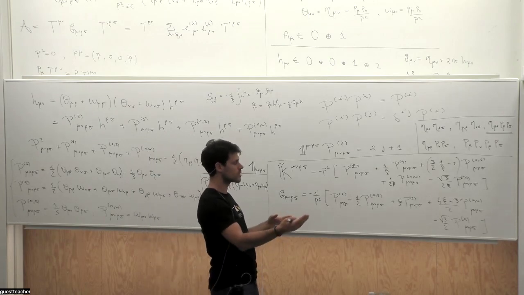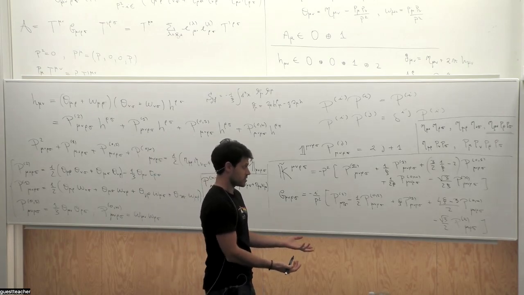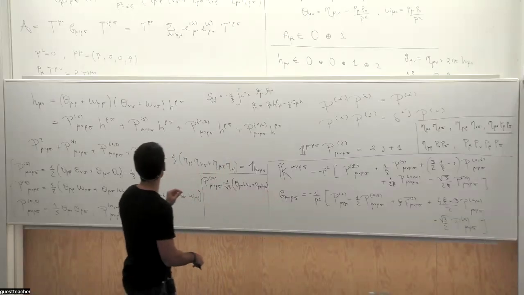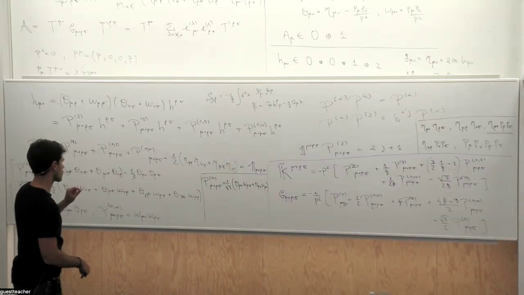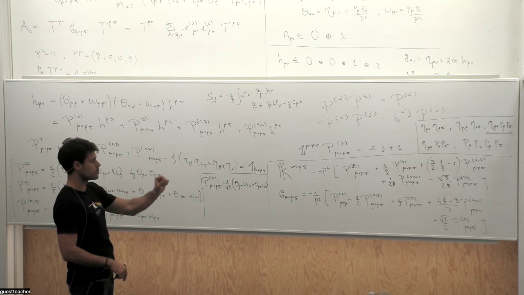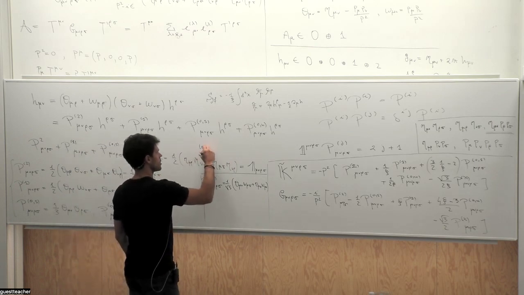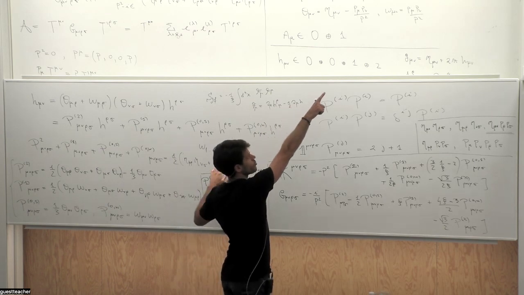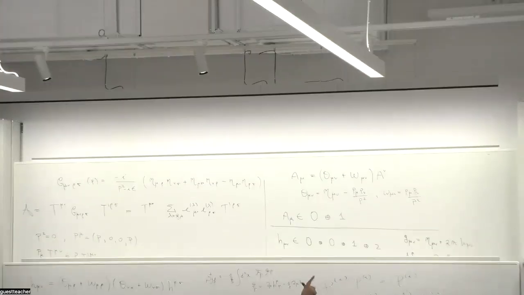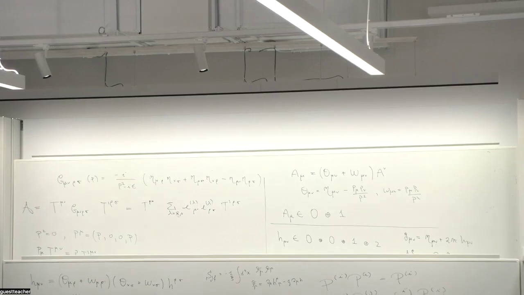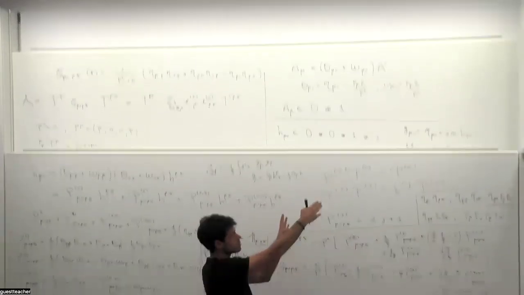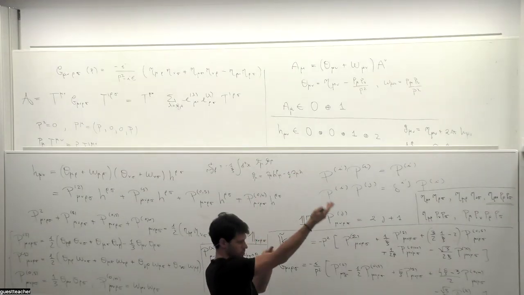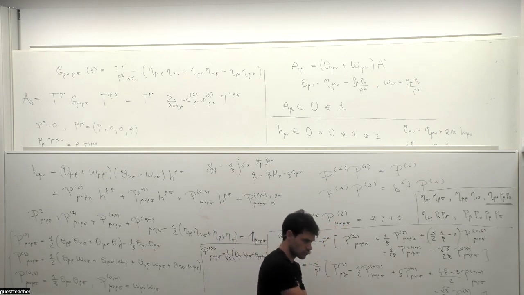And this will be all the terms that have ω_μν times T^μν. Why? Because remember that ω_μν is proportional to p_μ p_ν. So if I multiply p^μ with T_μν, which means ω_μν with T^μν, I will get something that does not contribute to the amplitude.